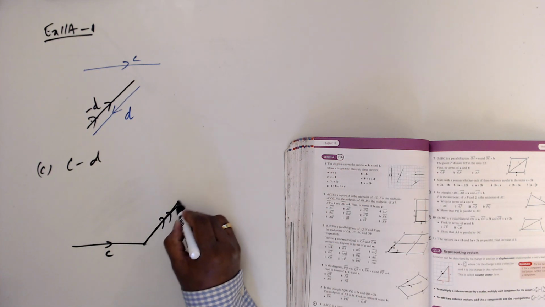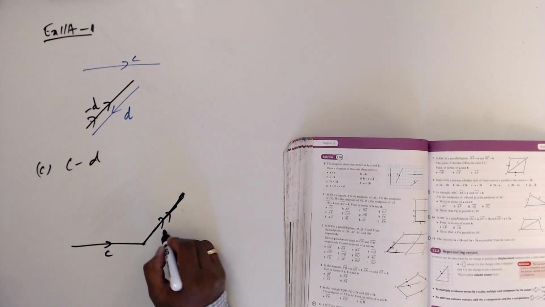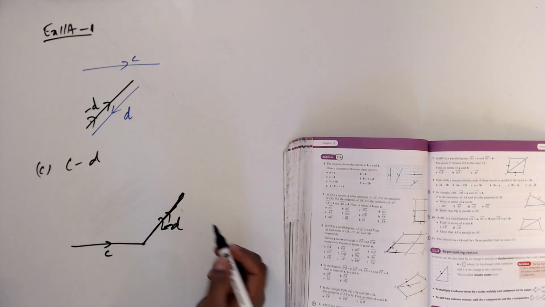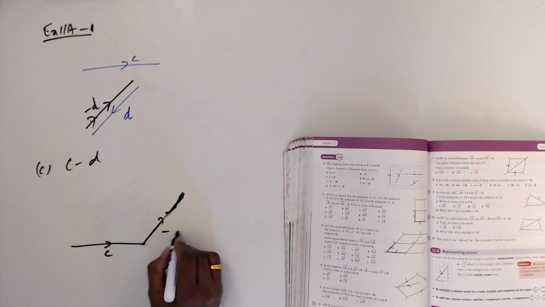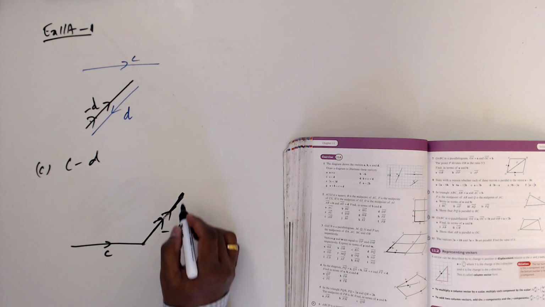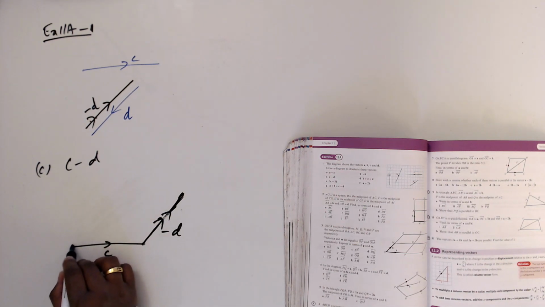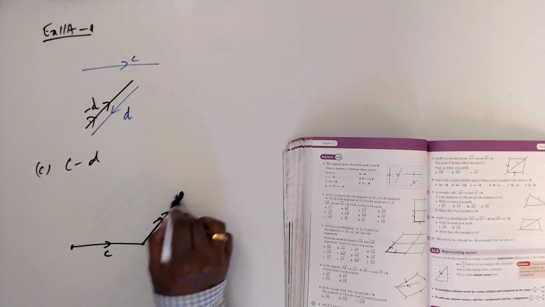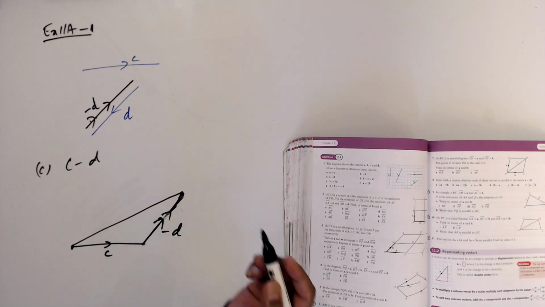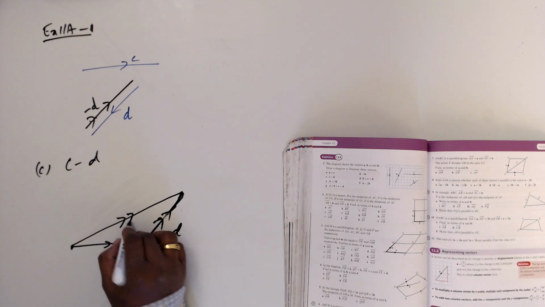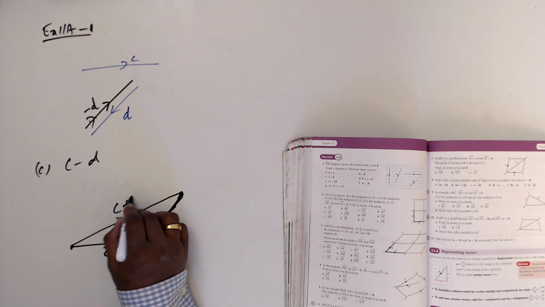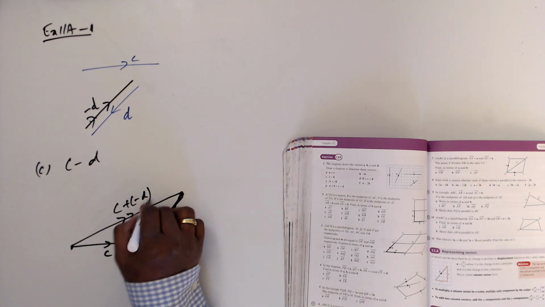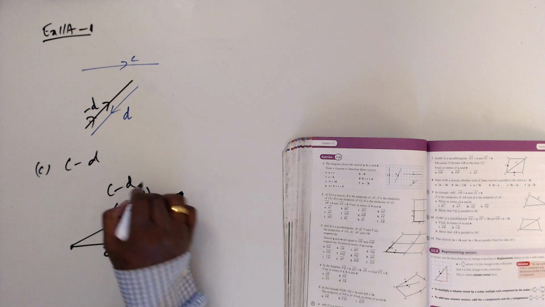A bit extend. So now this is minus D. Now this is the starting point. This is the end point. So from the triangle, this one is C plus minus D, which is C minus D.